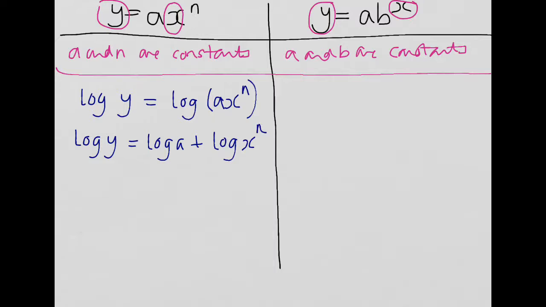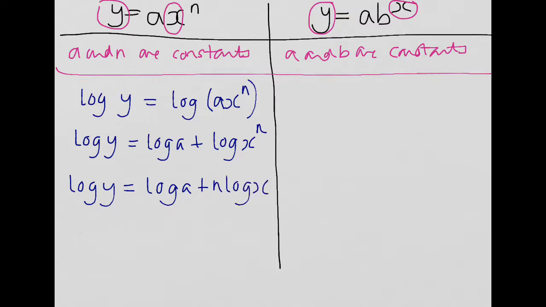And if we remember, what we're actually using is the multiplication law of logs. Now when I go to here, I can use the power law as well. So log of y equals log of a plus n log of x.